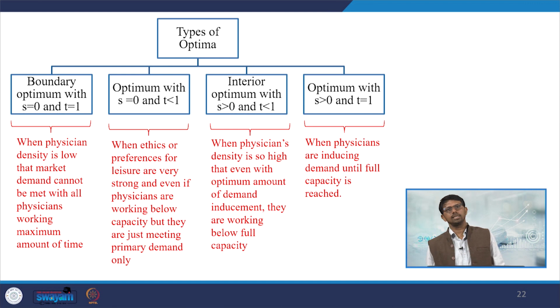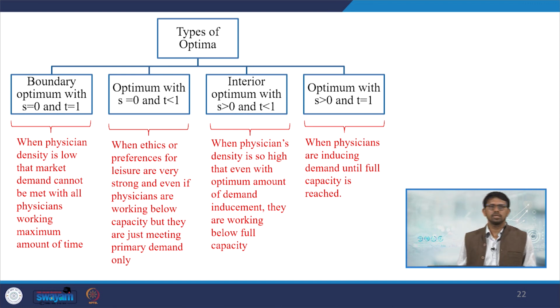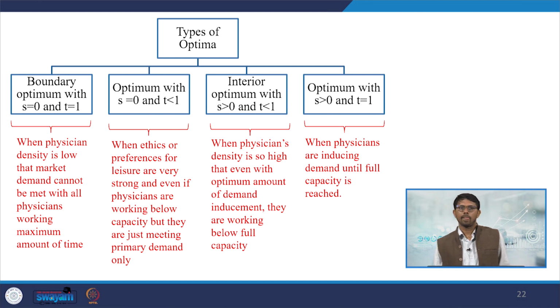In the third case, interior optimum occurs because the supply induced demand is positive, that means professional ethics is not there or less, when physician density is so high that even with optimum amount of demand induced, they are working below full capacity, because their t is less than 1.